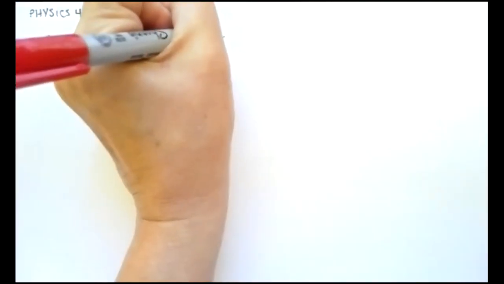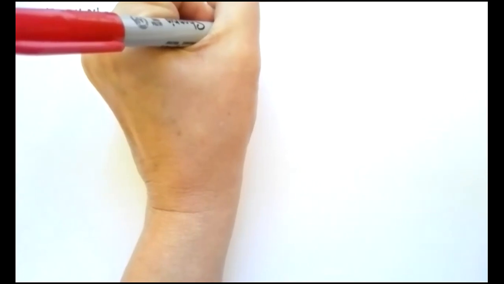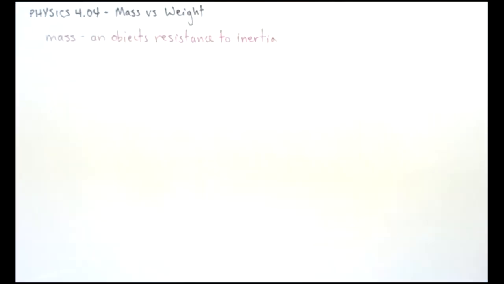So in the past, you probably defined mass. In fact, even in chemistry, I think I defined mass for you as the amount of matter an object has. The actual definition of mass is an object's resistance to inertia.